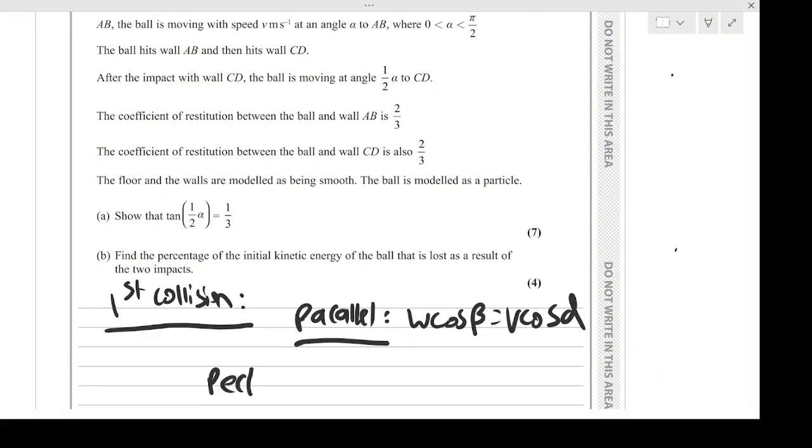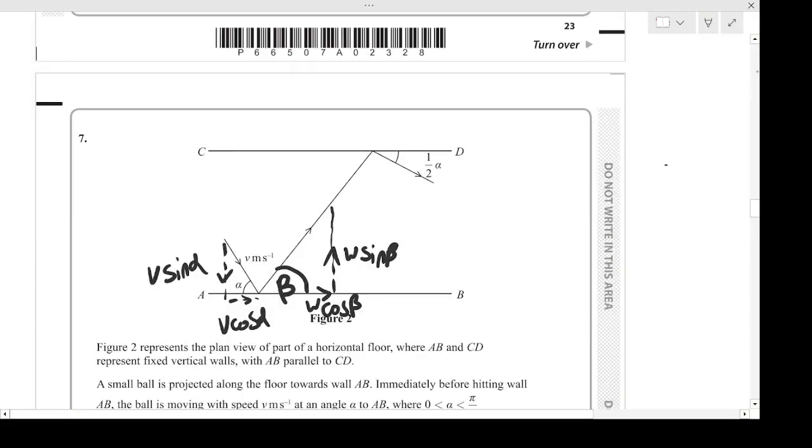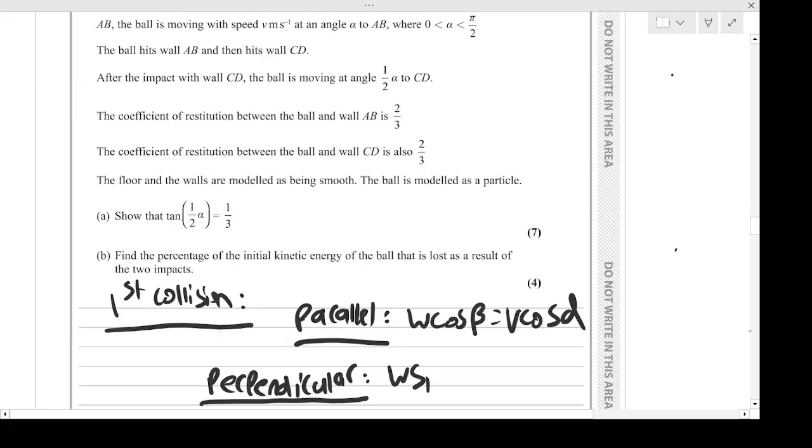Then if we look at the perpendicular part, next. So perpendicular to the wall, to the surface, it's going to be W sine beta and V sine alpha, right? Perpendicular. So they're going to differ by E. That's where E will act. So W sine beta is going to be E lots of the original component V sine alpha.